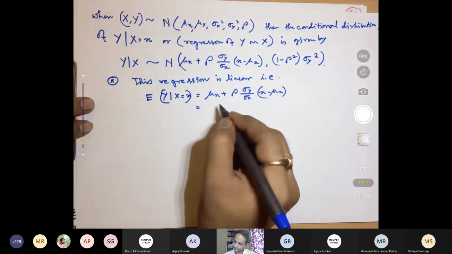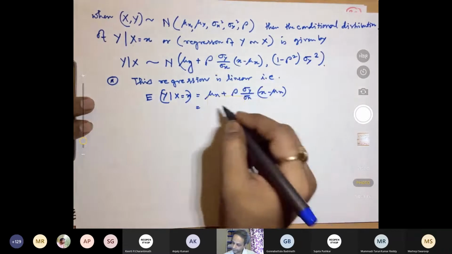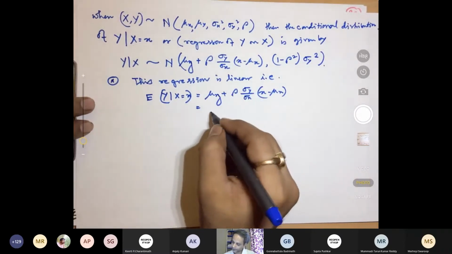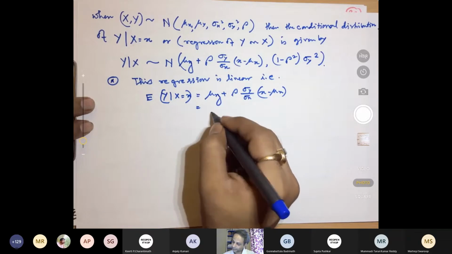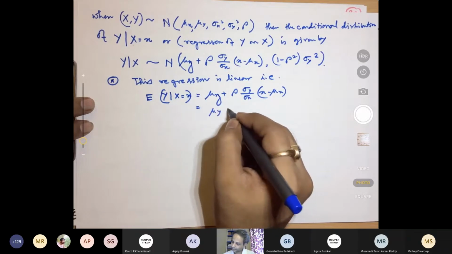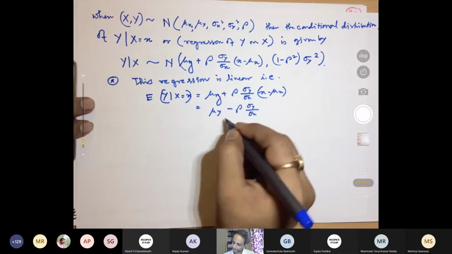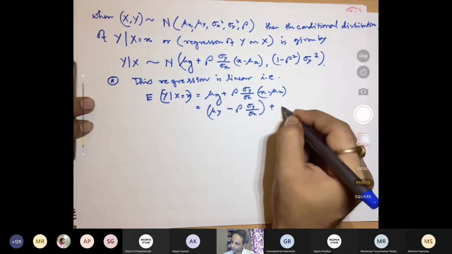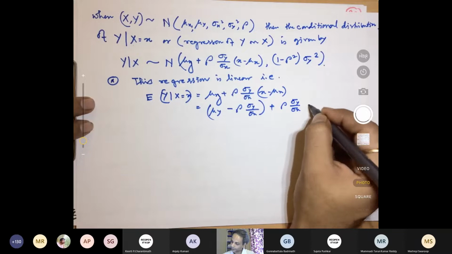So if you split it, you can get this part as mu y minus rho times sigma y by sigma x times mu x, plus again rho times sigma y by sigma x into x.